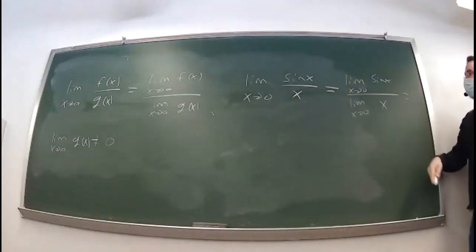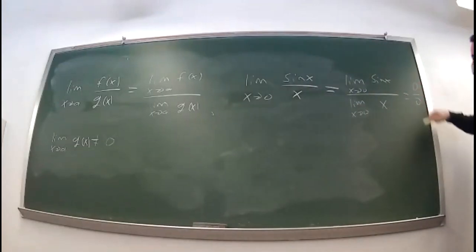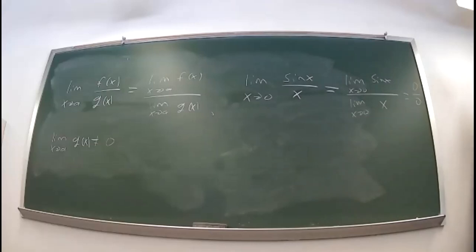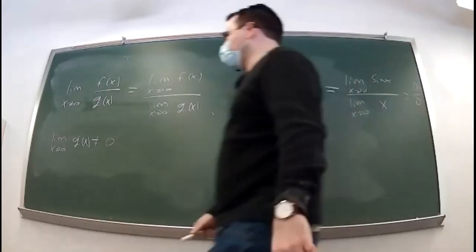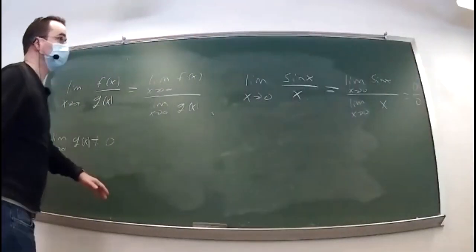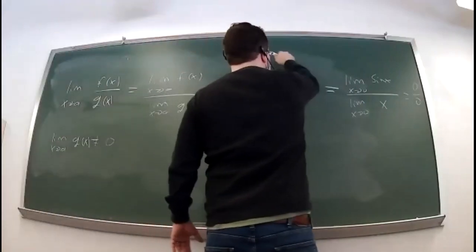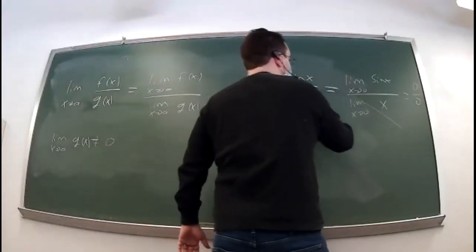Because if you try to do this, you're just going to get 0 over 0, which is what we call an indeterminate form. That's not helpful for you. So this limit law does not say that. So we have to X that out.